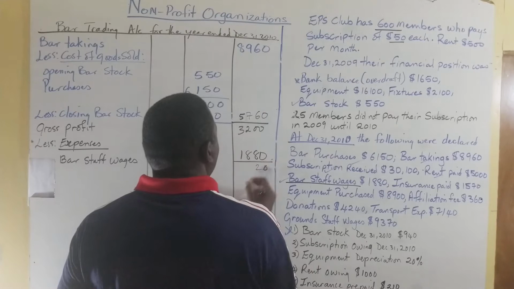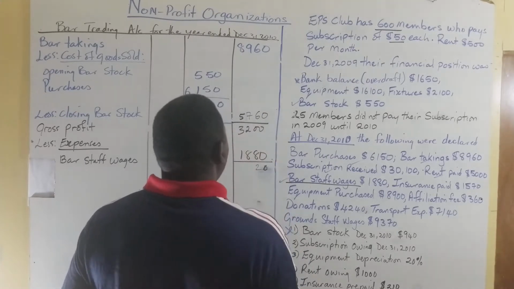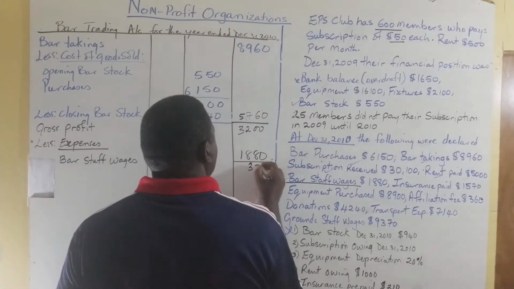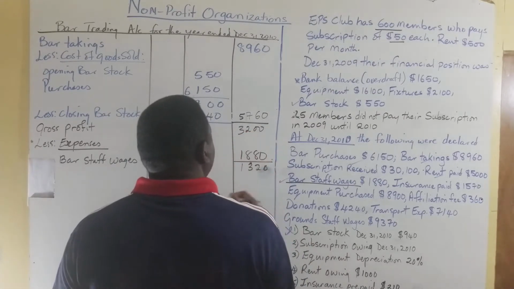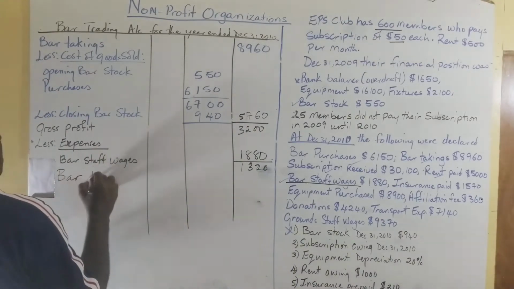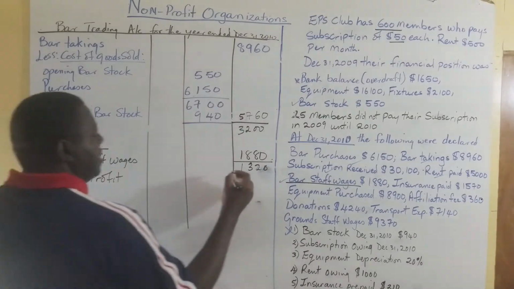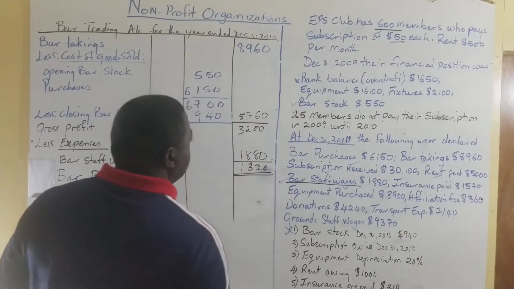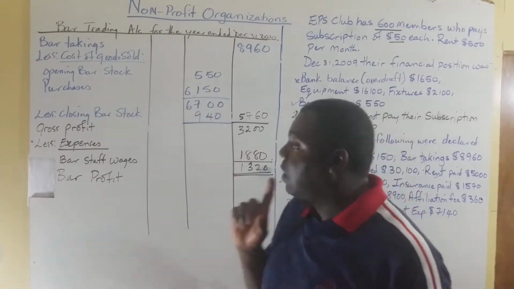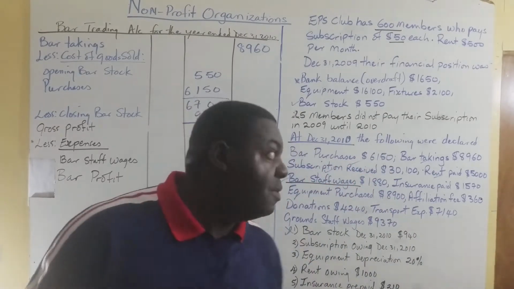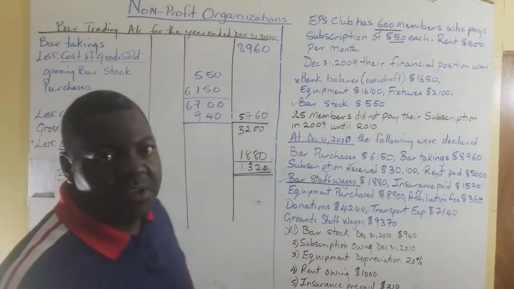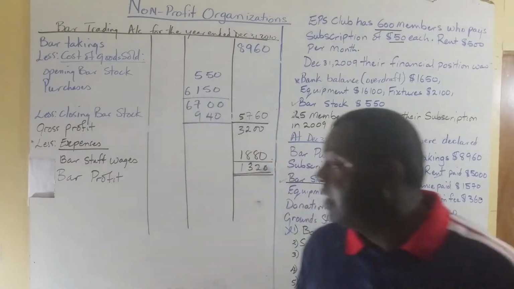The bar profit would be 1,320. All right, so we have one other activity to do from this question, and that is to do the income and expenditure account. All right, so let's move to do that.